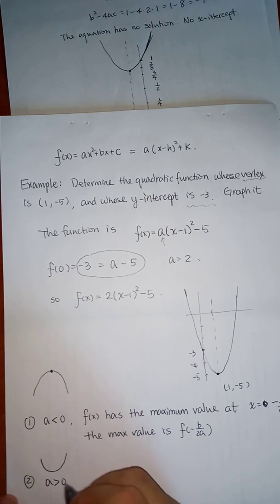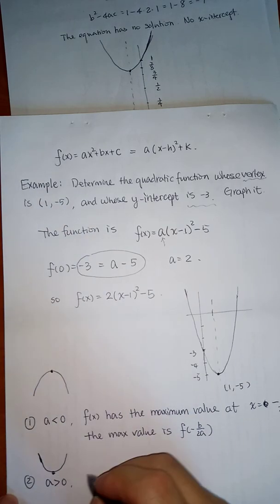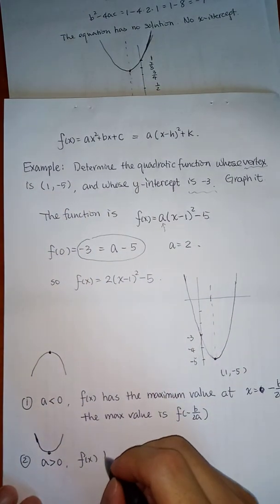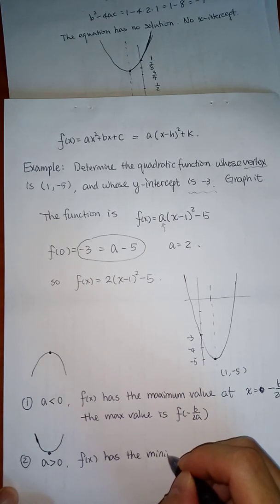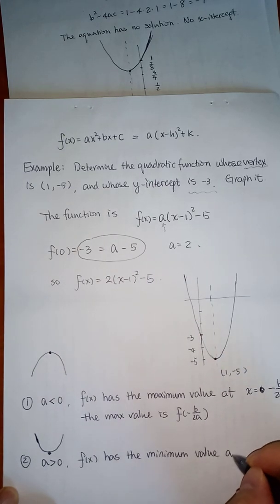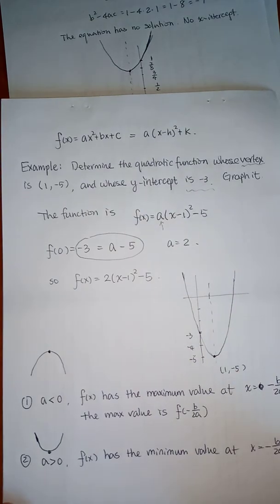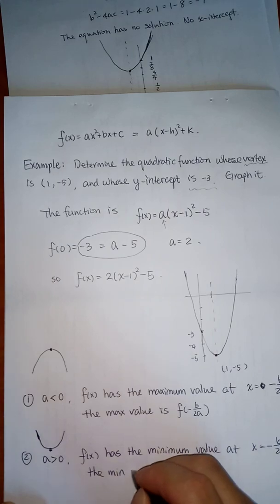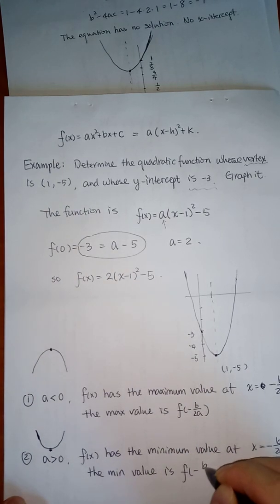If a is positive, the similar situation happens. f has the minimum value at negative b over 2a, and the minimum value is f of negative b over 2a.